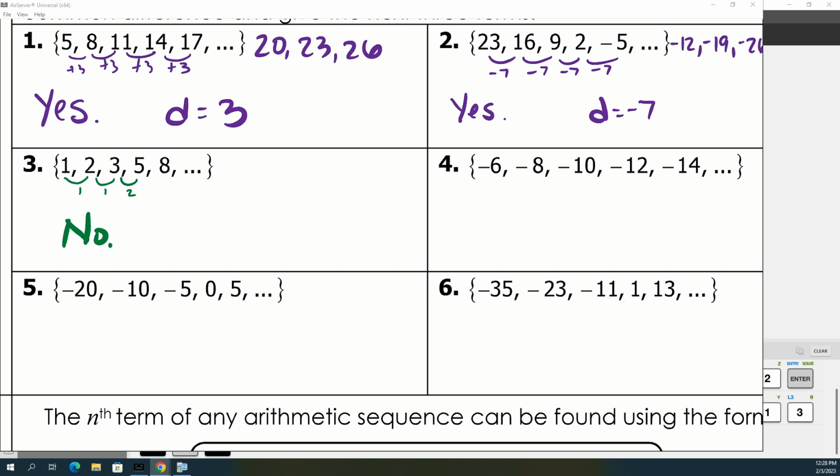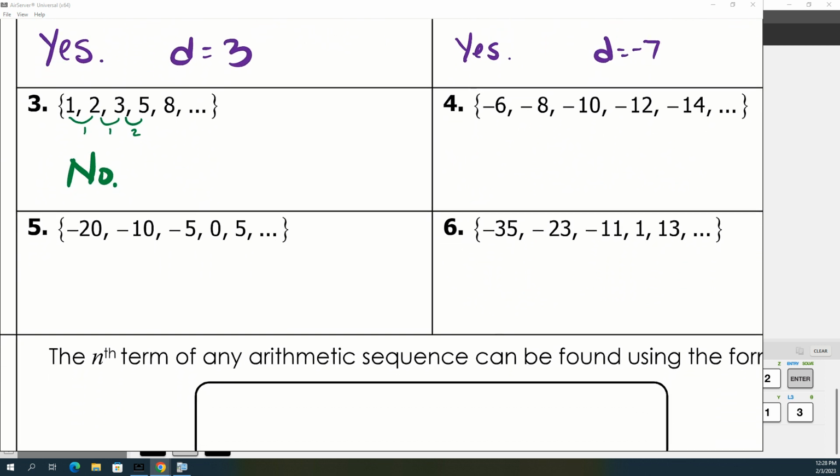All right, let's skip down to number 5. So -20 to -10, that's adding 10. -10 to -5, is that adding 10 again? Definitely not. That's adding 5. So as soon as you see that it's different, you're just going to say no and go on to the next problem.